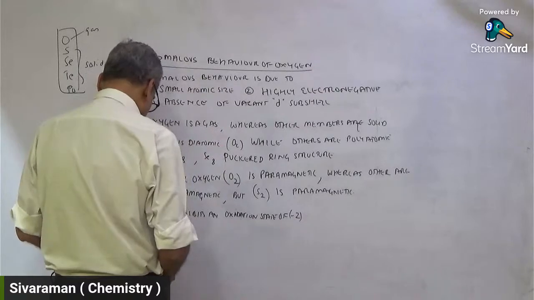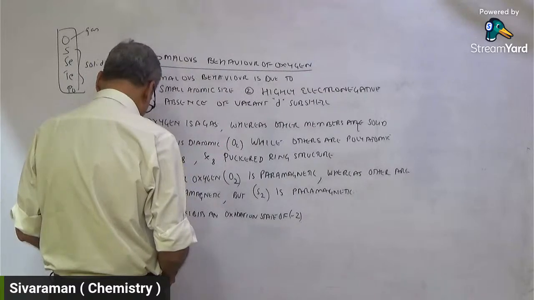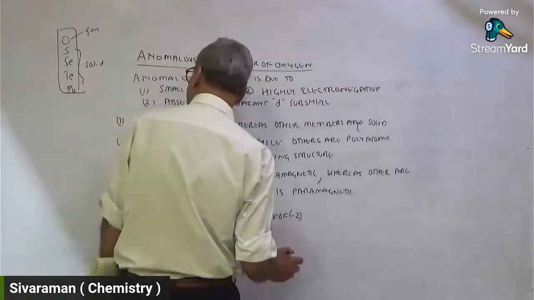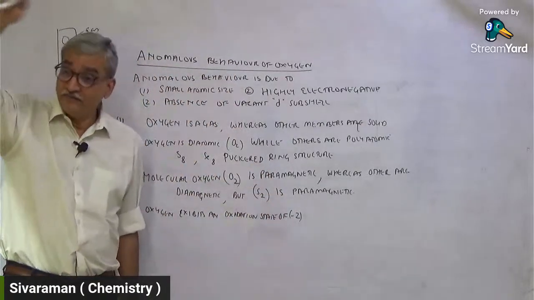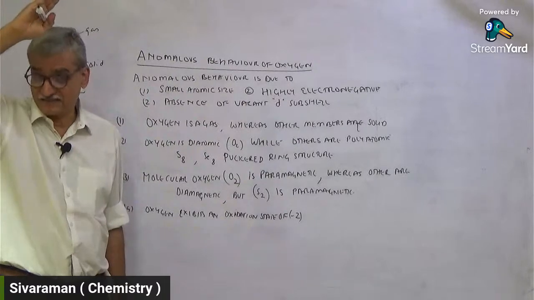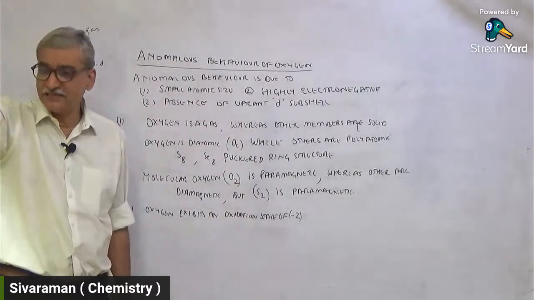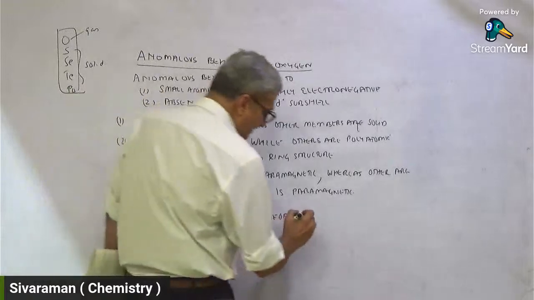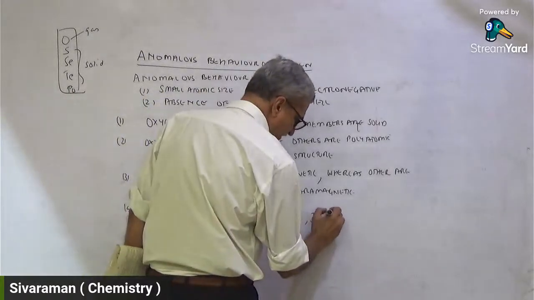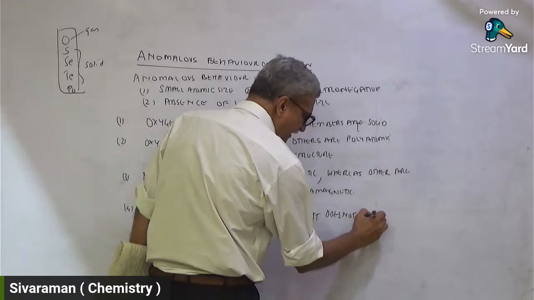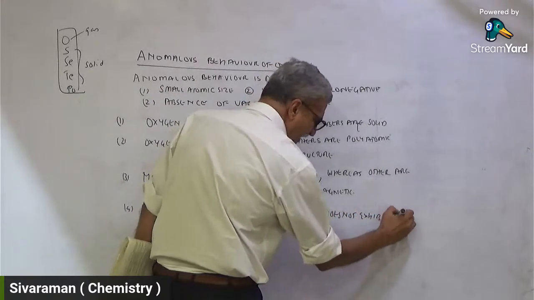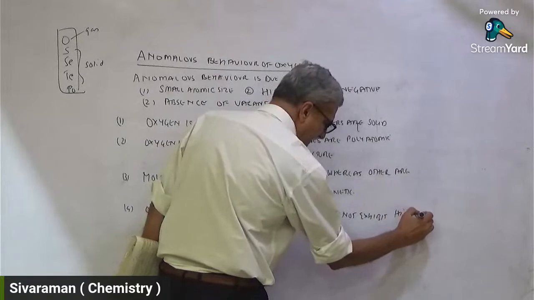Then you have peroxide -1 and all that, but it cannot exhibit higher oxidation state. Like sulfur hexafluoride. We had sulfur with oxidation state +6. Oxygen does not exhibit higher oxidation state.